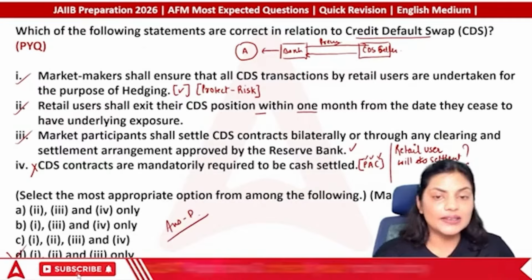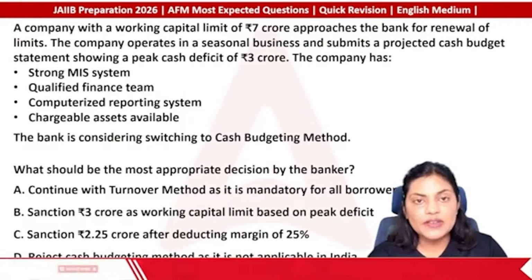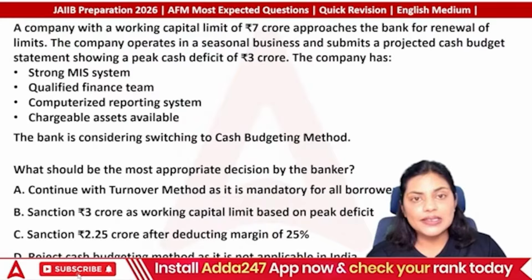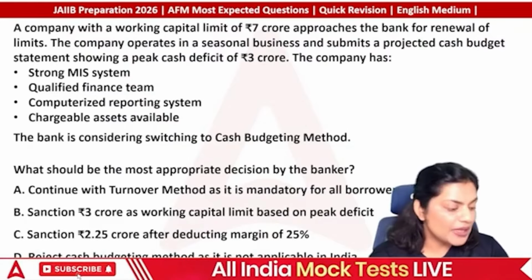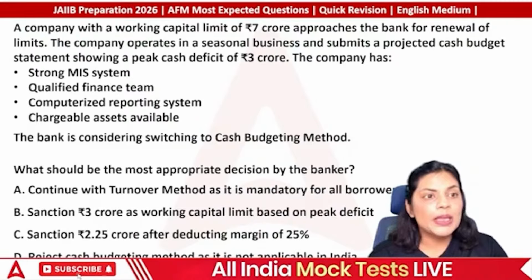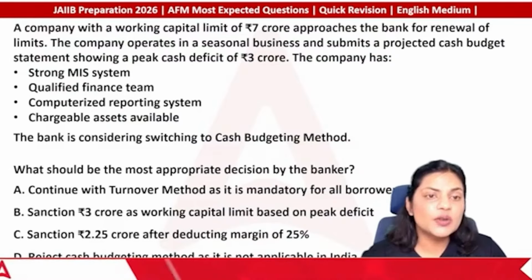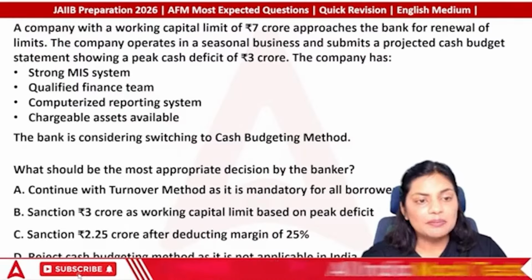Then, a company with a working capital limit of 7 crore approaches the bank for renewal of limits. The company operates in a seasonal business and submits a projected cash budget statement showing a peak cash deficit of 3 crore. The company has a strong MIS system, qualified finance team, computerized reporting system, and chargeable assets available. The bank is considering switching to the cash budget method. What should be the most important decision by the banker?